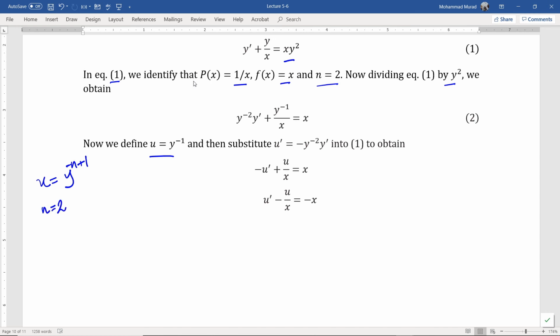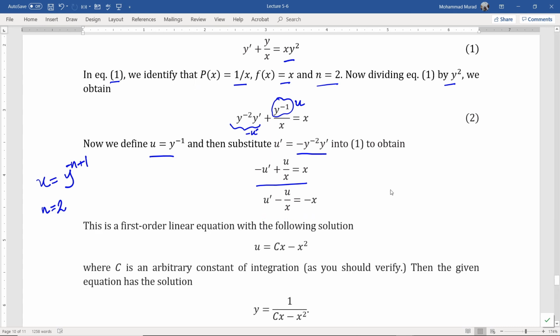And then we substitute the first derivative of u, which equals negative y to the negative 2 times y prime, as discussed earlier, into equation 2 to obtain this equation. And then we multiply both sides of this equation by negative 1 to get this equation.